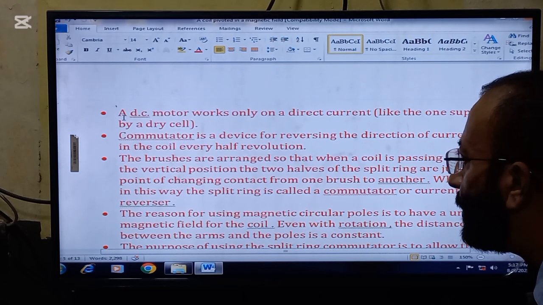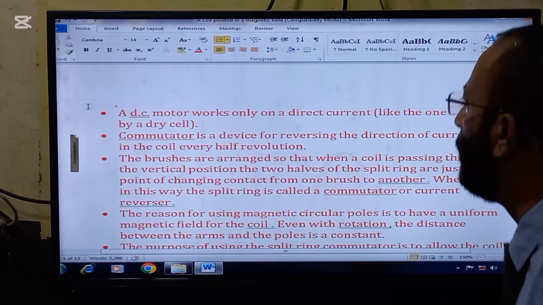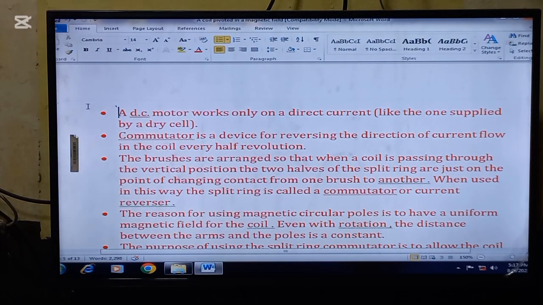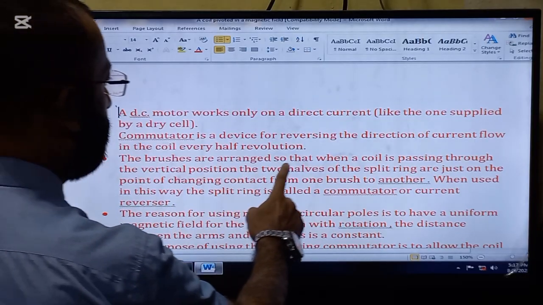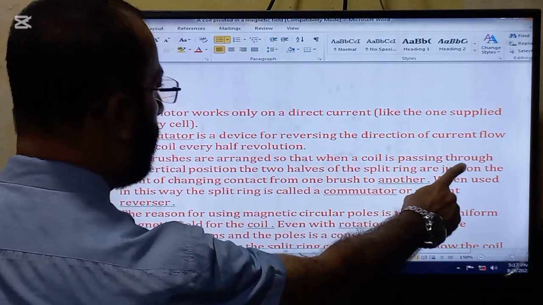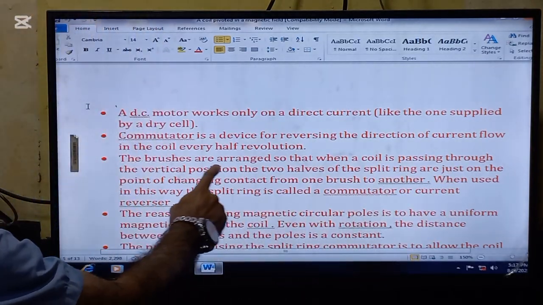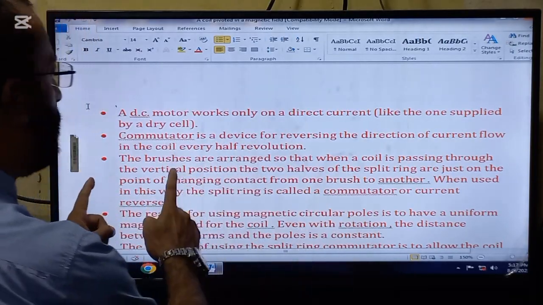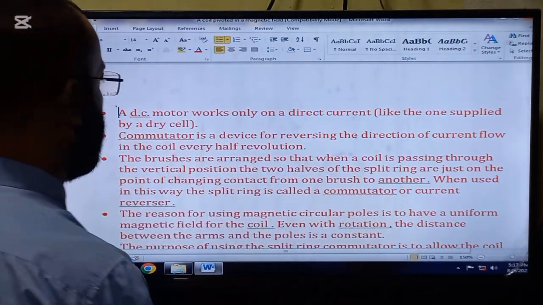A DC motor works only on direct current, like the one supplied by a dry cell. The commutator is a device for reversing the direction of the current flow into the coil every half revolution. So whenever the half revolution is done, the commutator reverses the current.